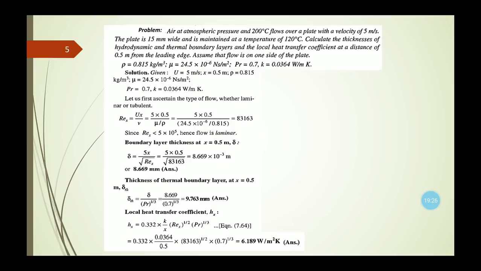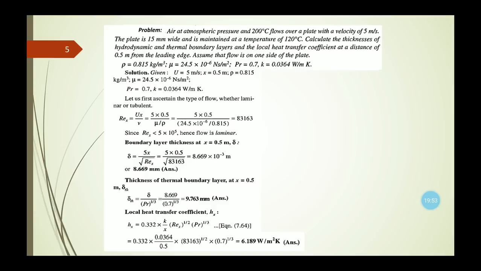Using this relation we calculated the thermal boundary layer thickness, and lastly, to calculate the local heat transfer coefficient, we considered the equation Hx = 0.332 (k/x) Re^(1/2) Pr^(1/3). Using these equations and this procedure we have solved this numerical.